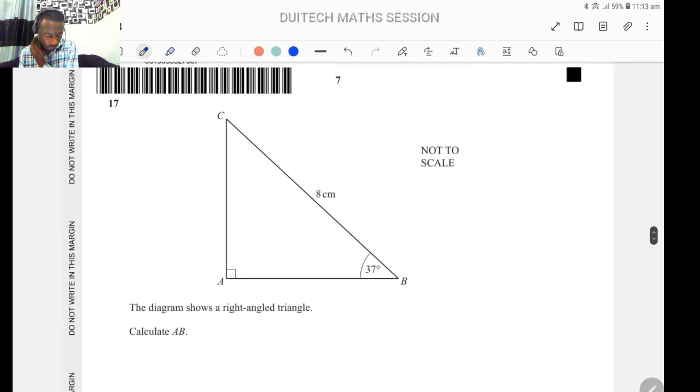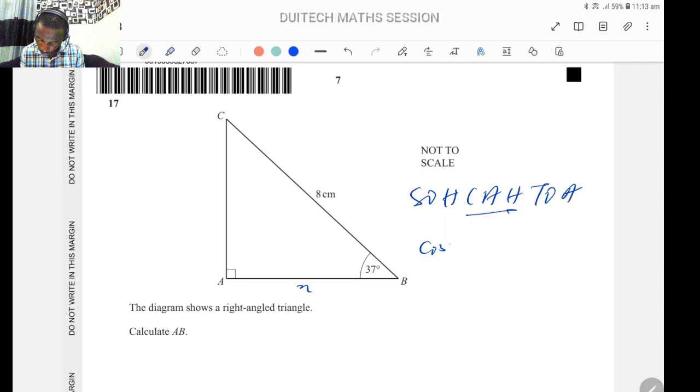So the next question says the diagram shows a right angle triangle, calculate AB. So we're looking for AB. Whenever we have this, we remember our SOHCAHTOA again, right? Which of the SOHCAHTOA combines adjacent and hypotenuse? So we have cos, right? So we have cos 37 degrees is equal to x over 8.